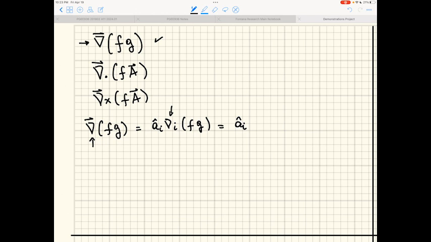It's the traditional chain rule derivative of a product of functions, f nabla_i g plus g nabla_i f.